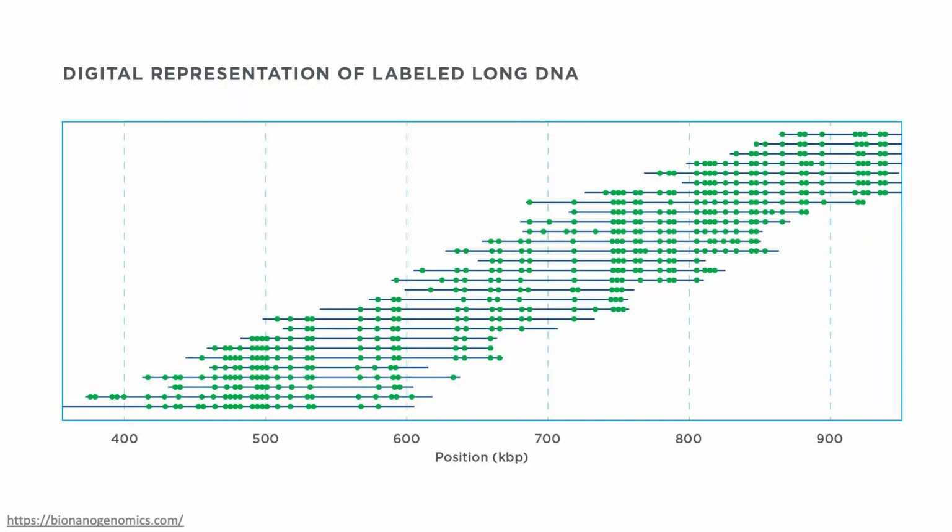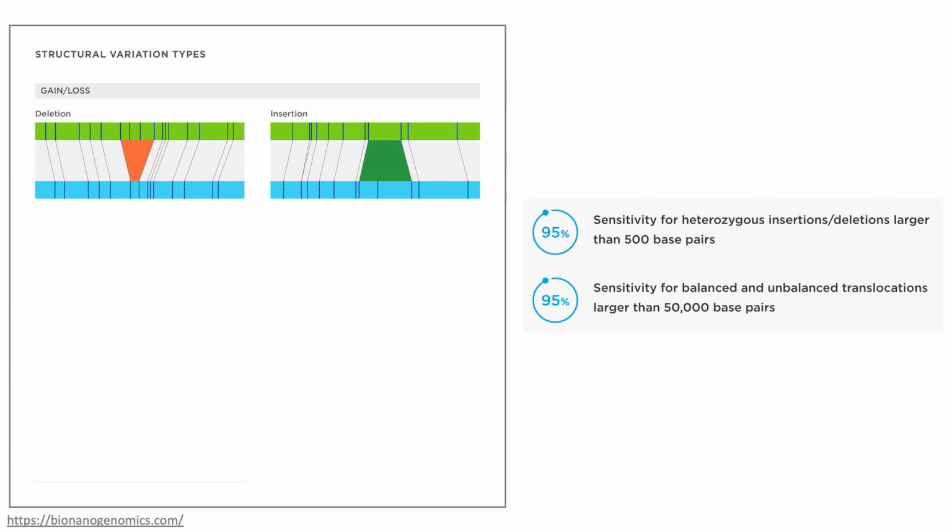And eventually, they take all these segments and map them to the genome, and then they can detect deletion or insertion, which is similar to the arrays. But what's different from the arrays, it can actually detect repeat expansion, tandem duplication, balanced translocation, and inversion, which is usually something only karyotyping can do, beside the NGS.